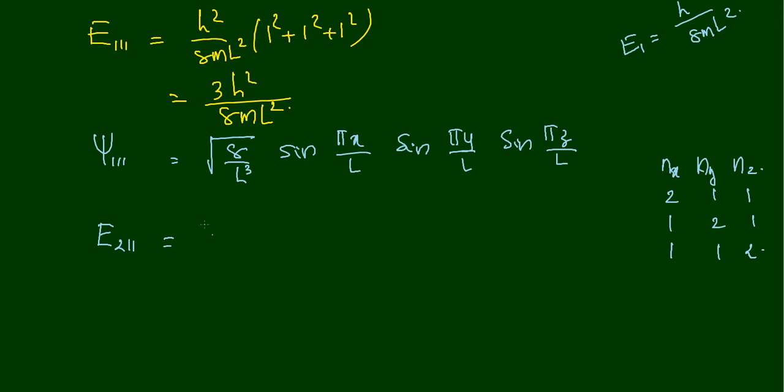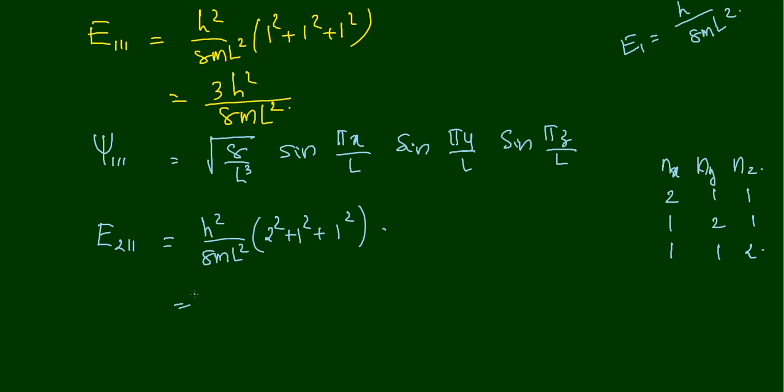So we can write h square divided by 8 mL square into, Nx square in this case is 2 square, right? 2 square plus 1 square plus 1 square. That is, 2 square is 4. 4 plus 1 plus 1, that is equal to 4 plus 2, that is equal to 6.